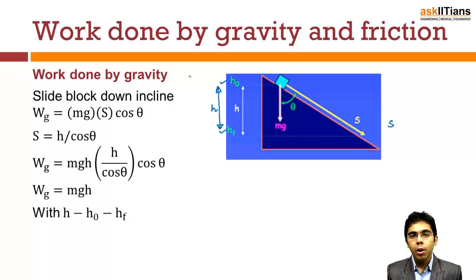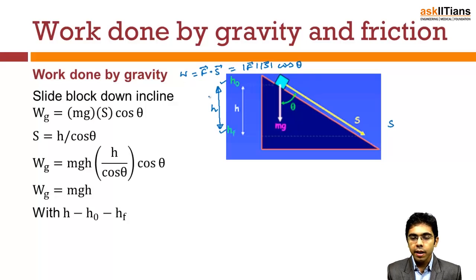So what do we know about the work done? Work done is equal to F vector dot S vector. That means we can write this as |F| |S| cos theta, where theta is the angle between the force vector and the displacement vector, as given in the figure.